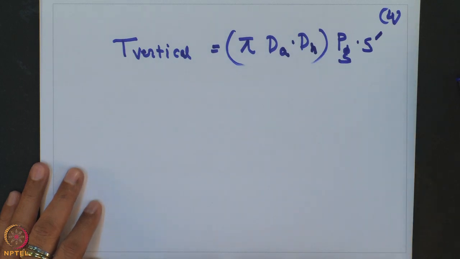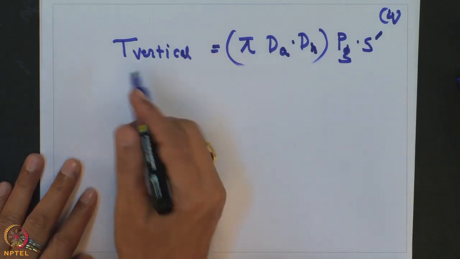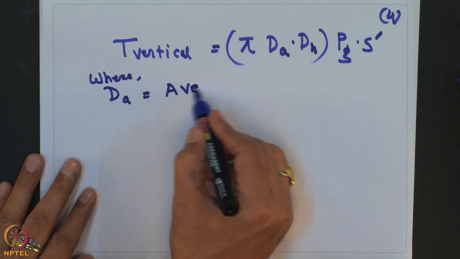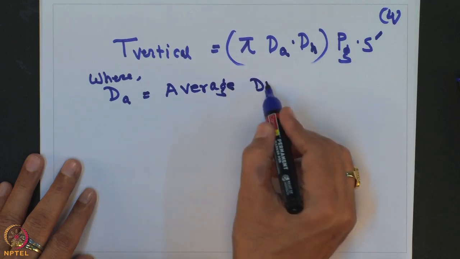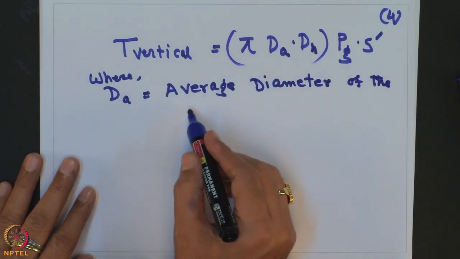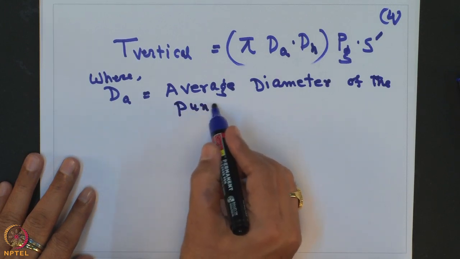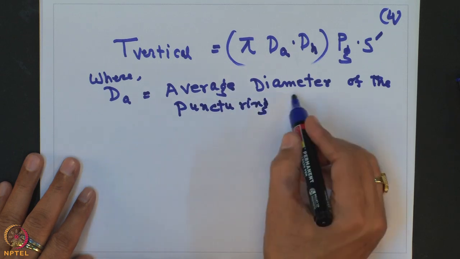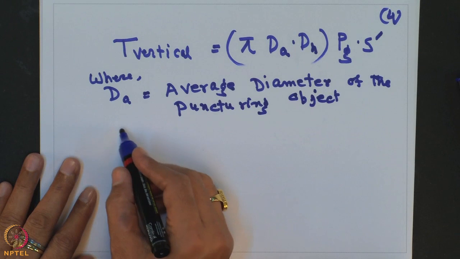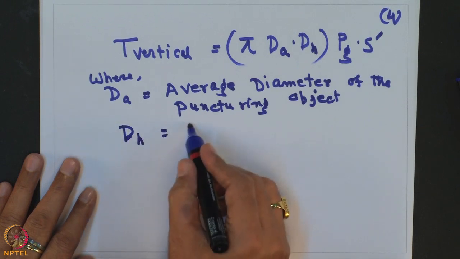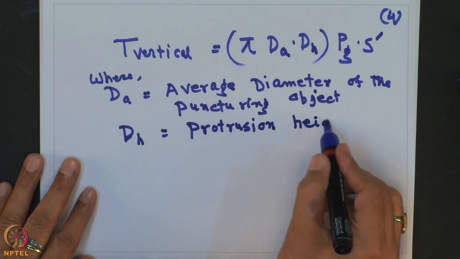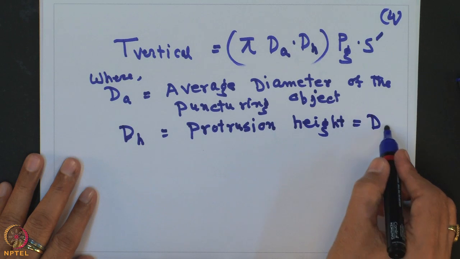Where dA is the average diameter of the puncturing object, and dH is called the protrusion height, which is equal to dA.